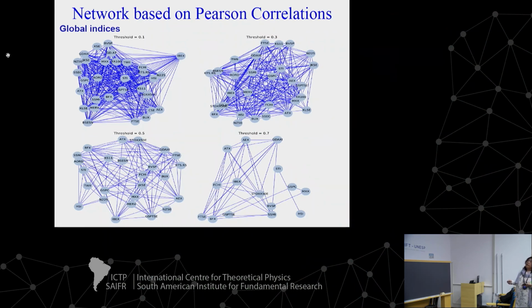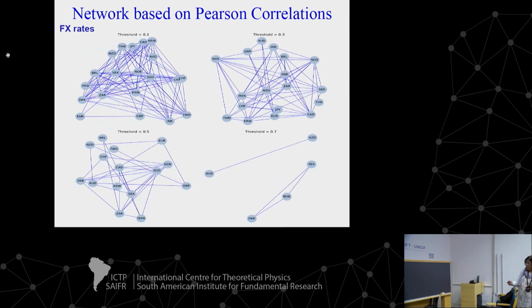These are the networks for the full 10-year period with different thresholds. This is with threshold 0.1, 0.3, 0.5, and 0.7. So these are the strongest connecting nodes. And for the exchange rates, we have a similar result.